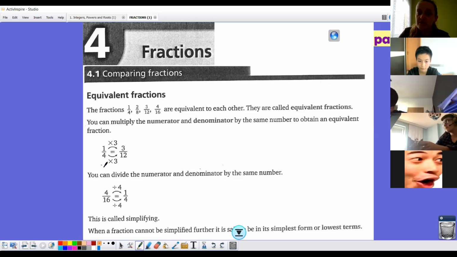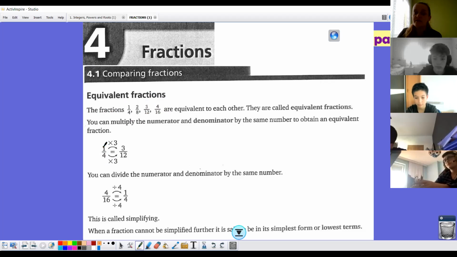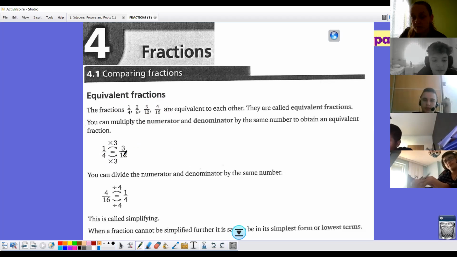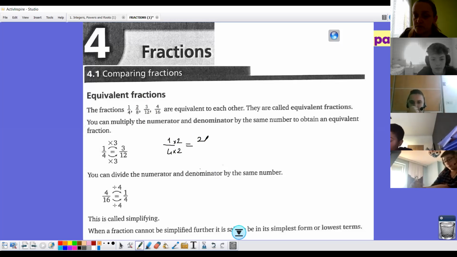For example, look here, one example is given. 1 over 4. If I multiply the denominator and the numerator by 3, I will get 3 over 12. If I multiply 1 over 4 by 2, you have to multiply the numerator and denominator at the same time, it becomes 1 times 2, 2 over 4 times 2, 8.